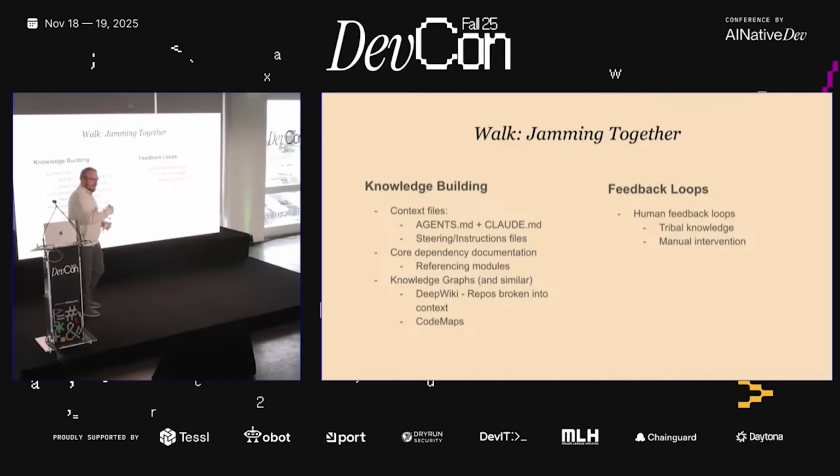That's this internal feedback loop. You have to have some forcing functions to make sure your agents understand, because unlike you, they can't necessarily go ask that tenured developer who has all the information in their head. So establish feedback loops with your internal team.